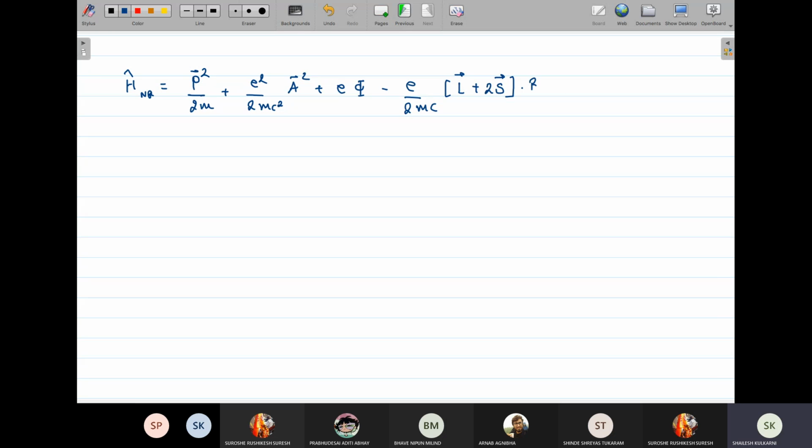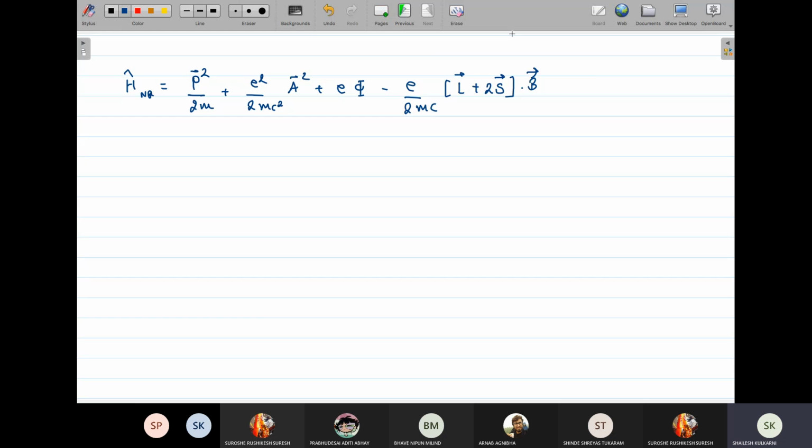Dot P. Can you tell me what is this term? Total angular momentum. No. There is a factor 2, right? Here. Total angular momentum is L plus S.